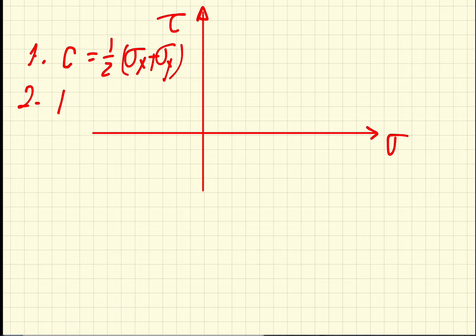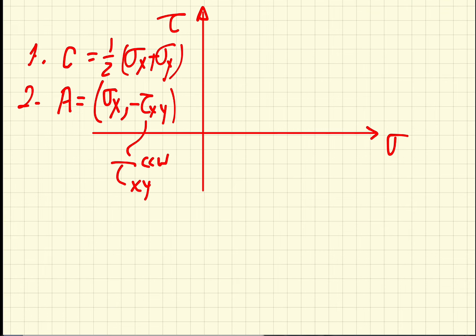Point A is going to have the coordinates of sigma x and negative tau xy. Negative tau xy is the same as tau xy in the counterclockwise direction, because if you look at the element and you have sigma x here, the shear that comes with the sigma x is in the counterclockwise direction like this.